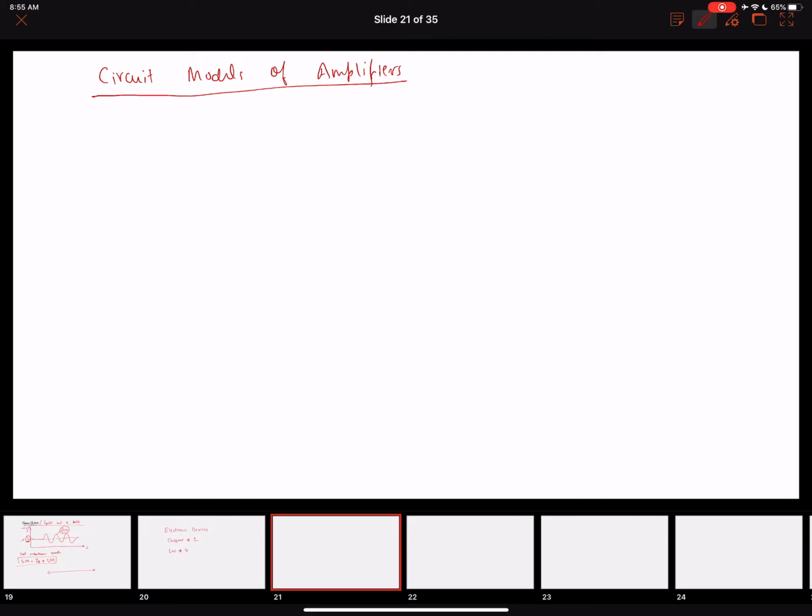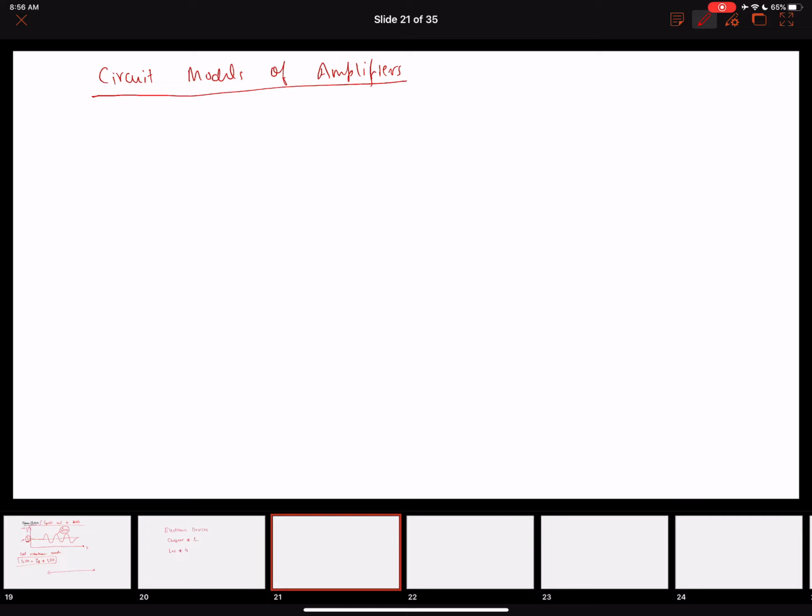We will try to see what are its terminal characteristics, and then we will see what are the different design considerations in terms of what are the ideal characteristics of an amplifier, or what are the characteristics of a good amplifier. So this is what we are going to talk about in detail in this lecture today.